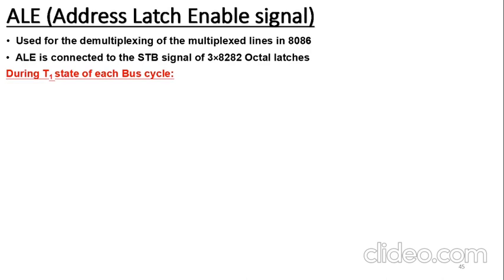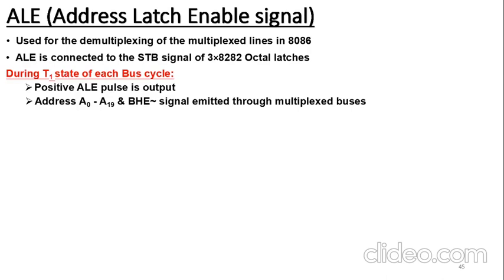Now what happens during the T1 state of each bus cycle here? First of all, a positive ALE pulse will be output on the ALE. During the T1 state, the ALE pulse is available. At the same time, on the multiplexed lines, address A0 to A19 and BHE bar signal will be emitted by the microprocessor.